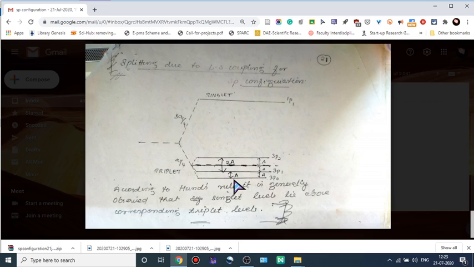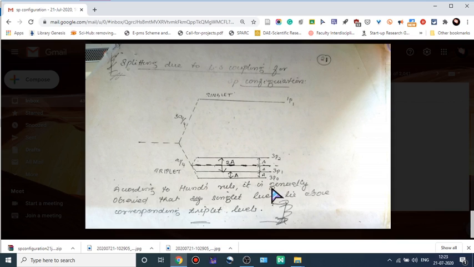And remember that according to Hund's rule, the terms with highest multiplicity lie in the deepest range, that is it has the lowest energy. And among the triplet terms, the terms with the lowest J value will lie in the deepest, that is it has the lowest energy.